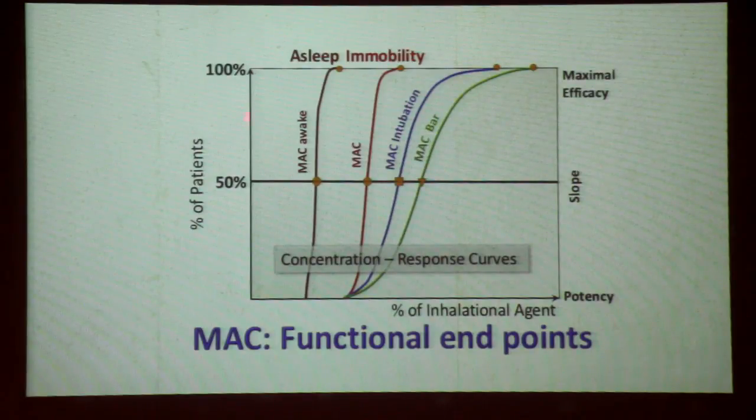So these are the two curves which define the MAC definition or the definition of anesthesia, which means that the patient should be properly anesthetized and the patient should be immobile to a noxious stimulus. So if you have achieved amnesia and you have achieved immobility to a noxious stimulus, your patient is anesthetized.